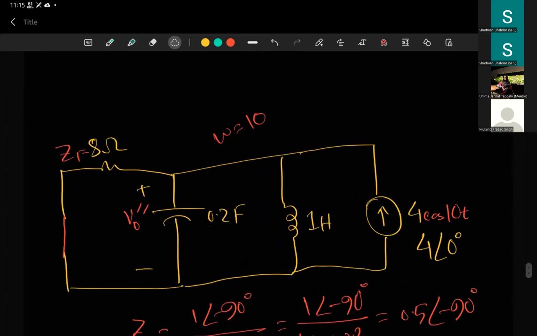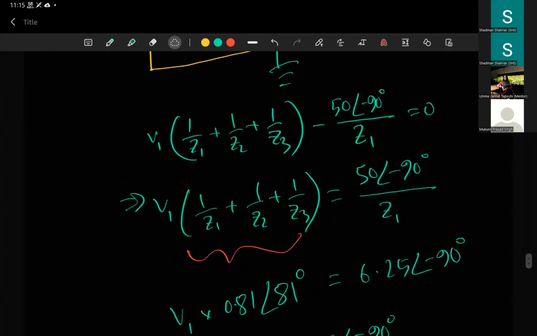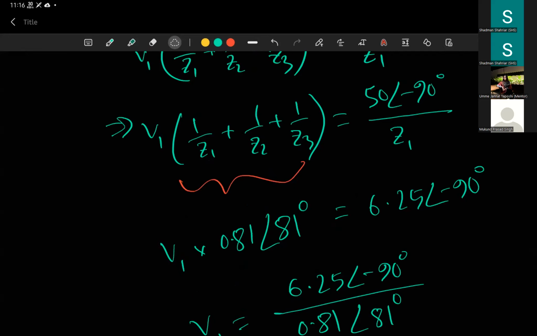So my final advice would be to focus on node and mesh particularly, because if you make mistakes there, I don't think you will have to worry about transient and AC analysis. After you have the foundations, that yes, you know how to do node and mesh, move on to transient, Thevenin, AC analysis.